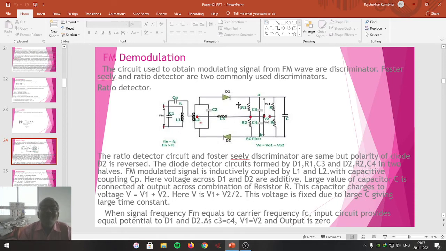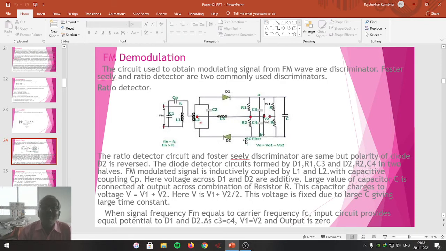The upper half consists of diode D1, resistance R1, capacitor C3 and also the resistance R as a load. This is one half of the ratio detector. The second half of the circuitry includes diode D2, resistance R2, capacitor C4 and load resistance R. Capacitor C is common, as it acts as the filter capacitor.